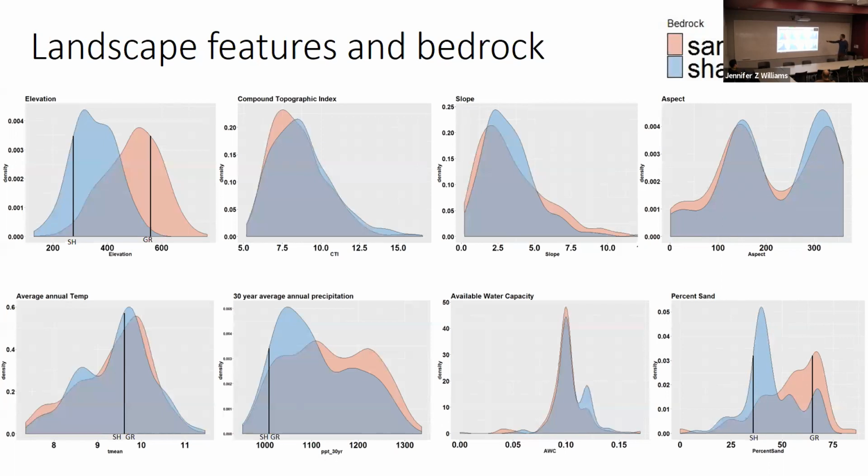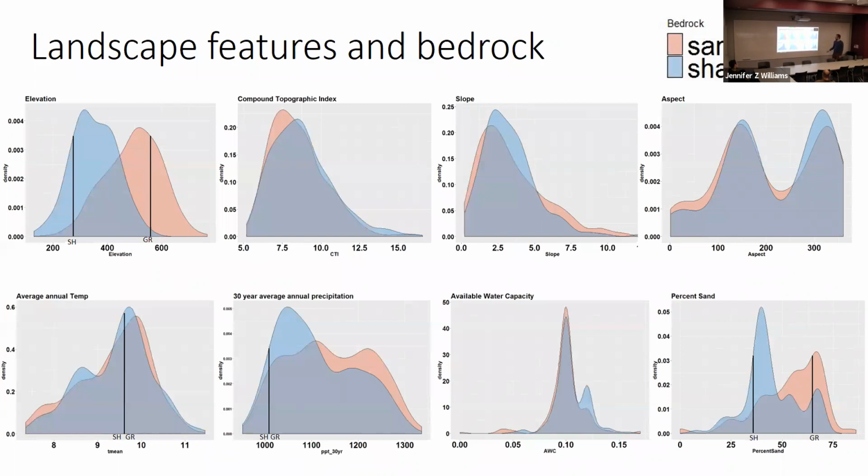I have a few points here to also bring up. So for elevation, which I think everybody would probably expect in this room, sandstones are at a higher elevation in general than shales across our landscape. That just comes from the way that the material is able to weather.